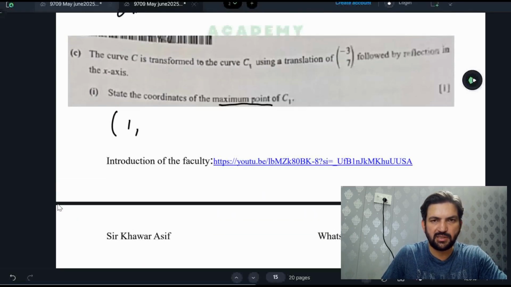The curve C is transformed to the curve using the translation followed by the reflection.